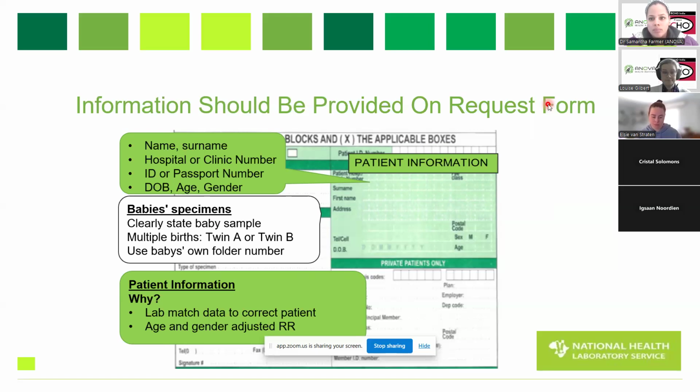In terms of babies, use the baby's own folder number. Too often, for the HIV PCR, we're using the mother's folder number, and it leads to all sorts of complications. We have to match data to the correct patient, and then, as I said, apply age and gender adjusted reference ranges. So please put that on.